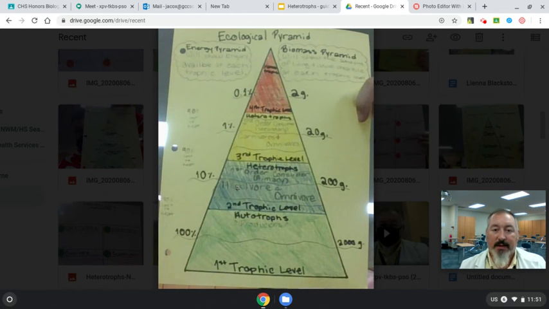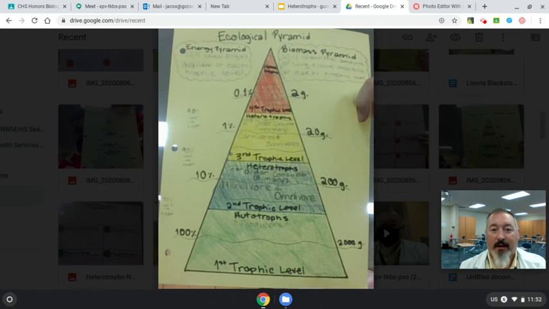An example of consumers of producers would be herbivores or even omnivores. So you can see in the dead center, we have herbivore and omnivore written. I also want you to write, this is a first order consumer, in parentheses, primary. This is a primary consumer. On the test, you'll see these type words.